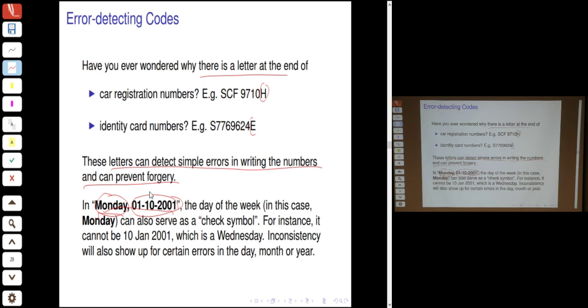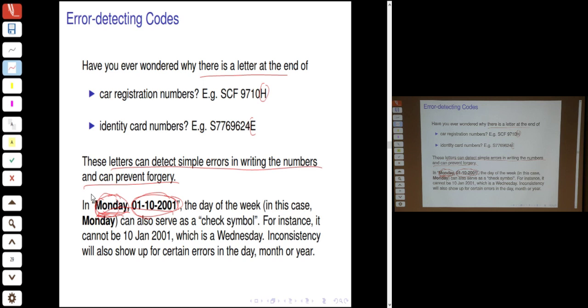So, if I make any of these simple errors, then with a very large probability, there is a high chance that the changed date will not be a Monday. So, by tagging along the word Monday with the numerical date, which already contains in principle all the information, I am creating a check.